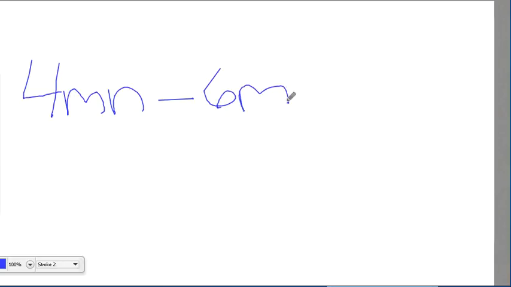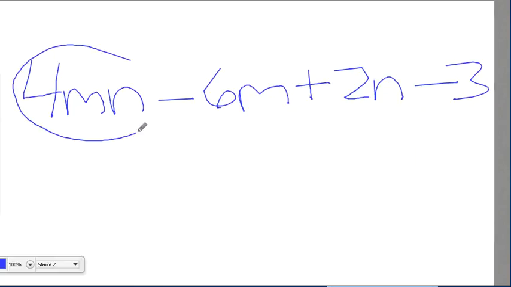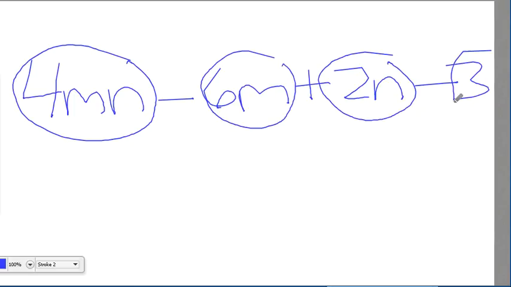Let me give you another example. Let's say I give you the expression 4mn minus 6m plus 2n minus 3, and I ask you to tell me how many terms this expression has. Well, this expression has 4 terms: 1, 2, 3, 4.